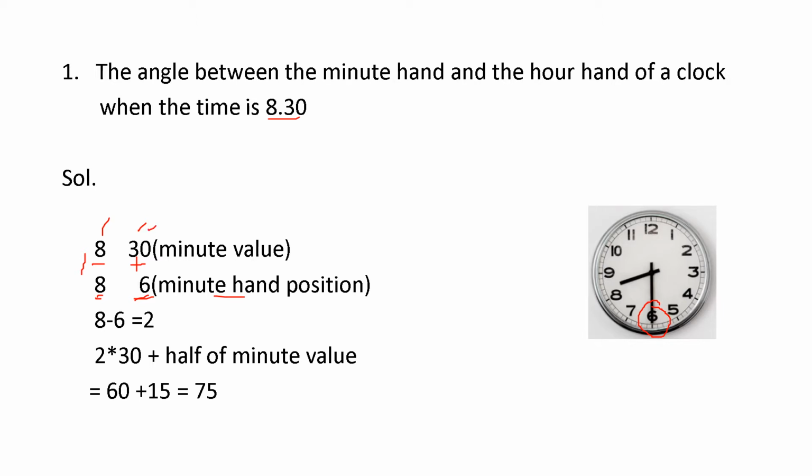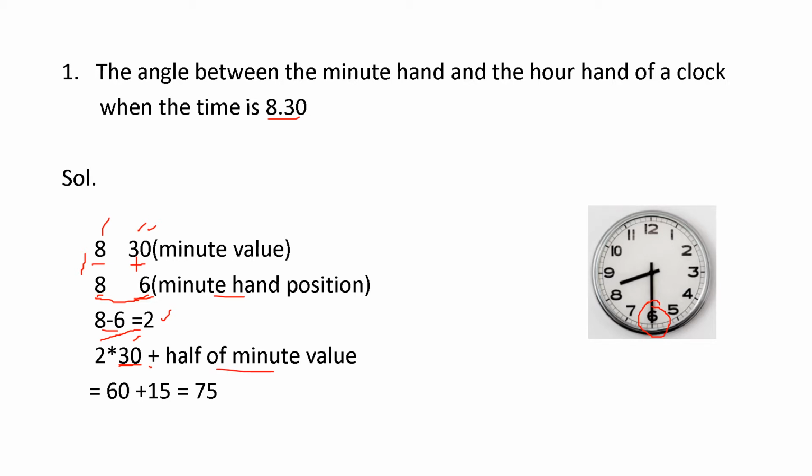8 is the hour and 6 is the minute hand position for the minute value 30, right? So 8 minus 6 you have to find, that is 2. Then 2 into 30. For all clock related problems where you have to find the angle, you have to multiply the difference by 30. Okay, so 2 into 30 plus half of the minute value.